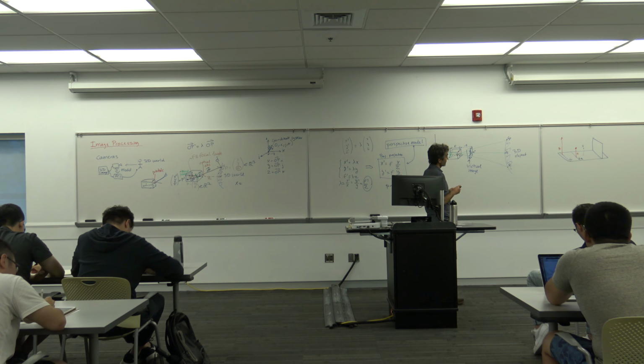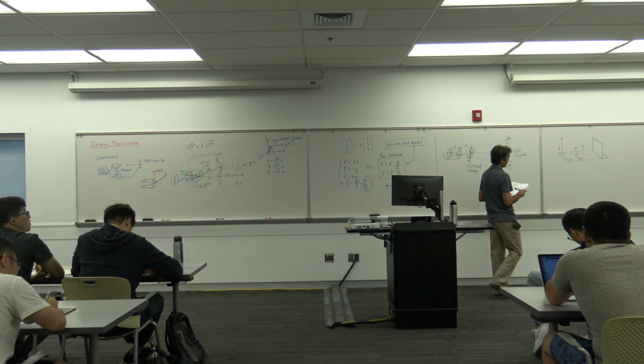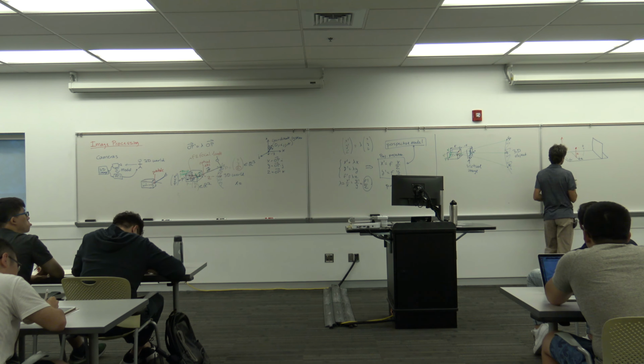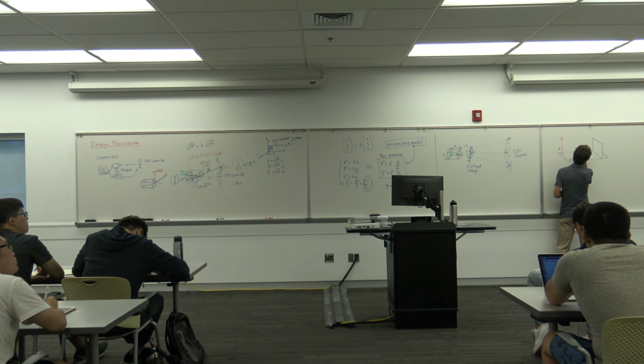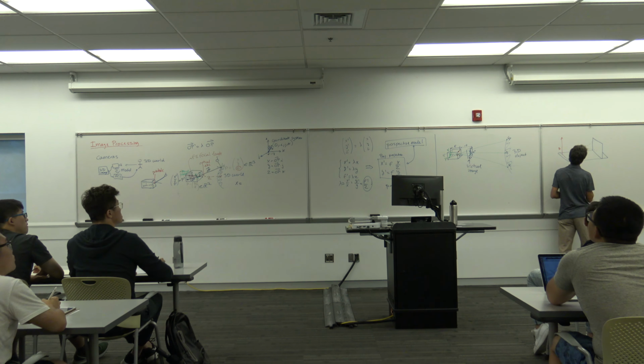All right, so let's get to work. What happens when I take a picture of this 3D world right here? Let's start with C. I'm going to get this through the pinhole like this, right?